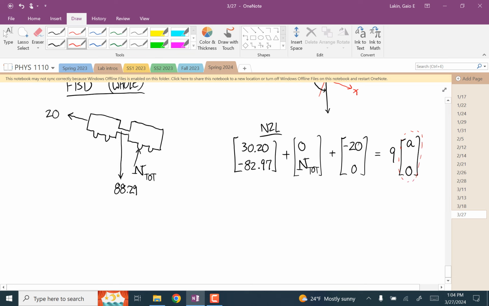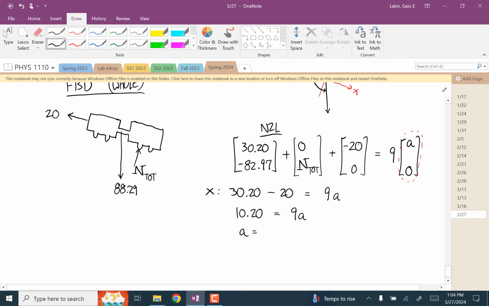We want this acceleration vector, so I'm just going to use the x equation. So 30.2 minus 20 is equal to 9a. So 10.2 is equal to 9a.